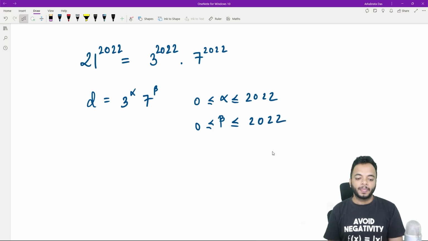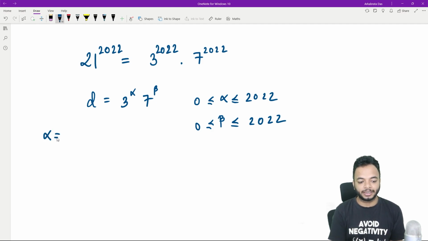If alpha is greater than 0, then the divisor will be divisible by 3. So in our situation we should take alpha equal to 0 and then go over all the betas. If alpha is 0, then all those divisors are 7 to the power beta, where beta runs from 0 to 2022.